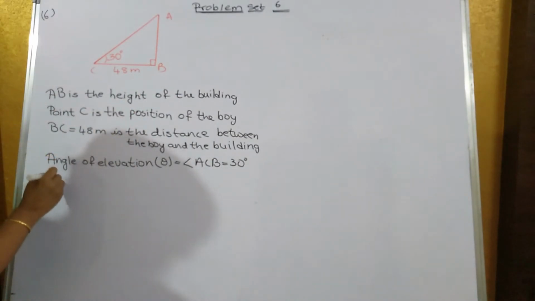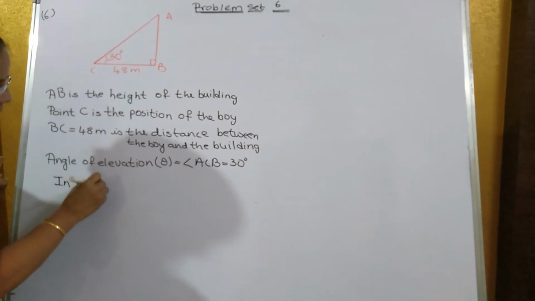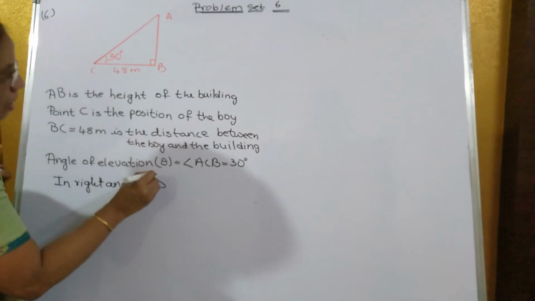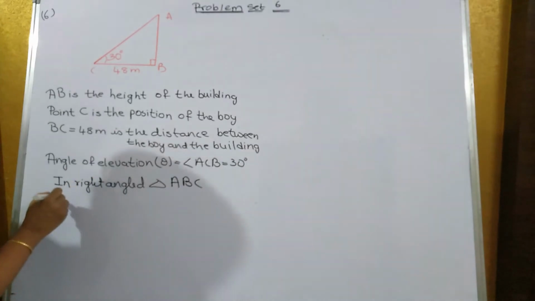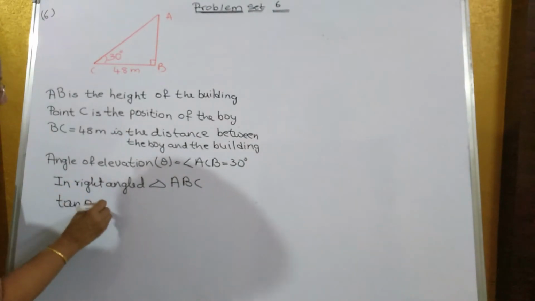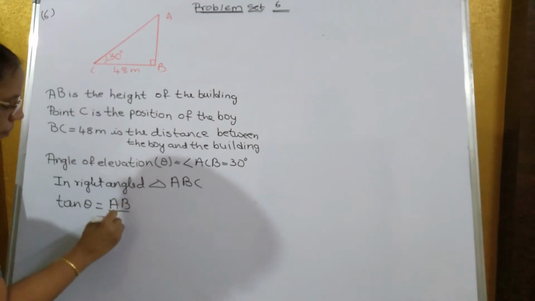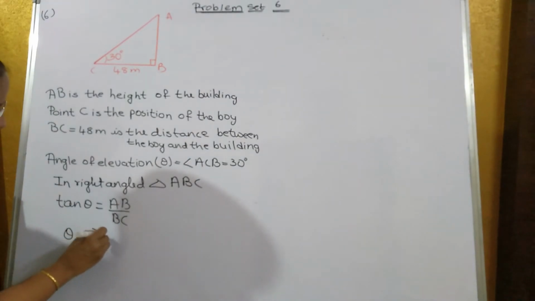So in right angled triangle ABC, tan theta is equal to how much? AB upon BC. Theta is equal to how much? 30 degree.